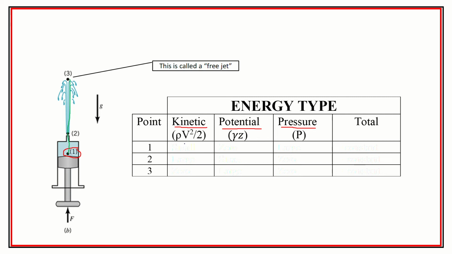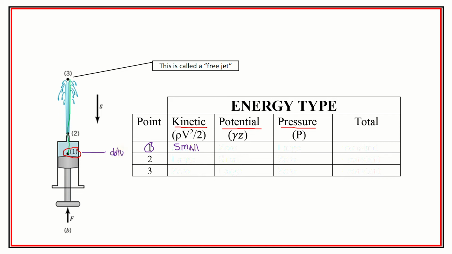If we started at 1, right here, we're a little ways away from the plunger, and we're a little ways away from the exit. So what we could say about this is that the kinetic is going to be very small at state 1, or at this location. The potential energy, we could decide that's going to be the datum.